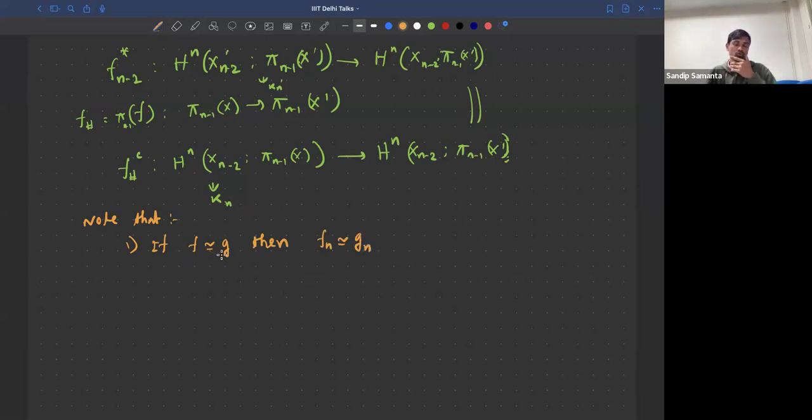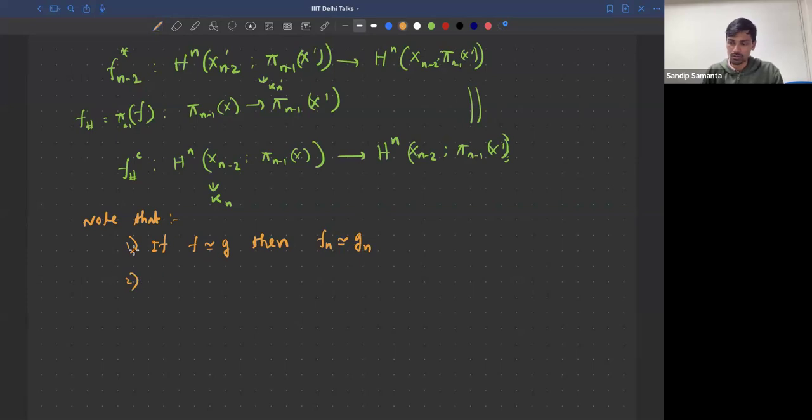So f and g both map from X to X prime, and we have the corresponding f_n and g_n. Those will again be homotopic, because if those two maps are homotopic via a map H_t, let's say, then at each level we have the map f_n t, and at the zeroth level that is the f map, at the first level that is the g map, and by the unique up to homotopy condition, the nth level f_n map and g_n map are also homotopic. So at each level the homotopy is preserved. And so this is the first.